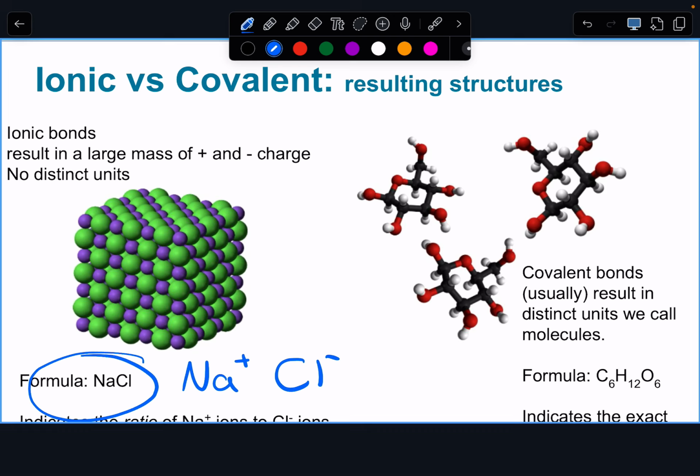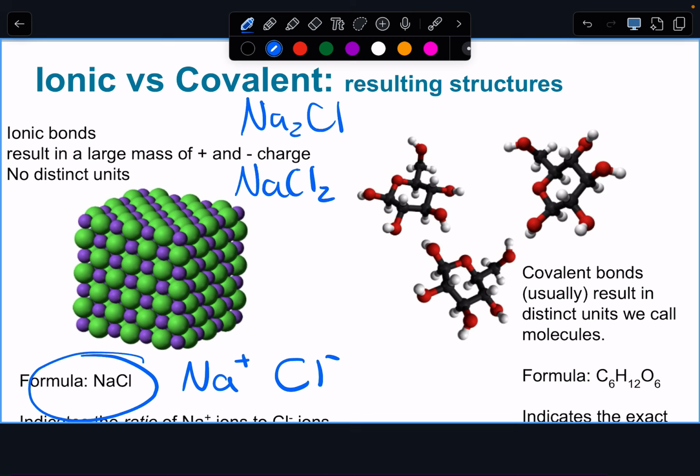And because the electrons get transferred and create these ions, there is a very set formula that every combination of metal and nonmetal will have. So by that, I mean NaCl is always NaCl. It's never Na2Cl or NaCl2 or anything like that.